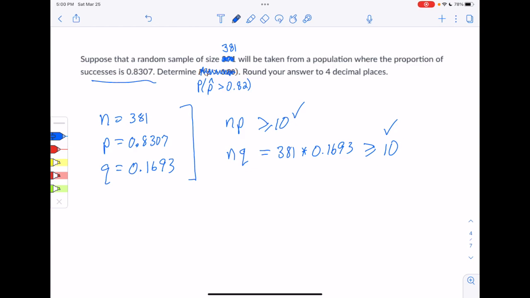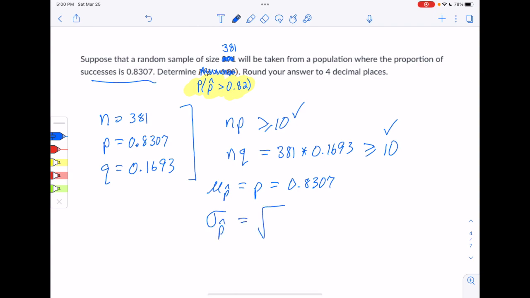So when we want to find this probability for p hat, we can do so using area under a normal curve. But which normal curve are we going to use? We're going to have to use the one for p hat, which means we need to know the mean of p hat, which is equal to p. So that's 0.8307. And then we need to know sigma of p hat as well.